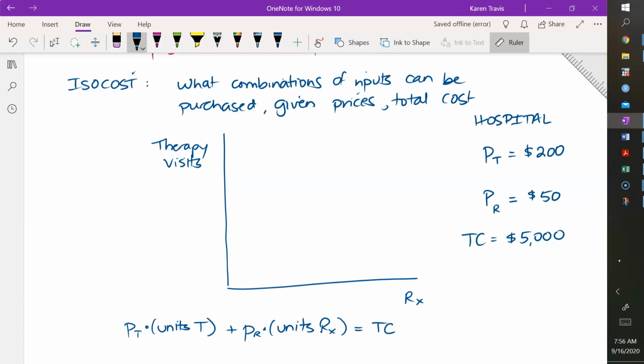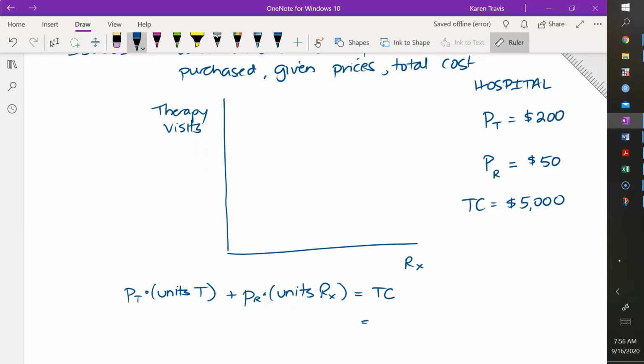So one way to think about this is to think about the endpoints. For example, if I had $5,000 and I didn't use any prescriptions, and the therapy is $200 per unit, how many units of therapy could I purchase?